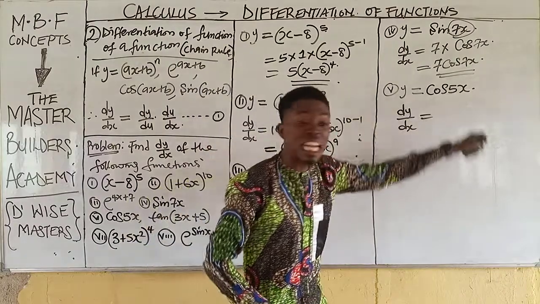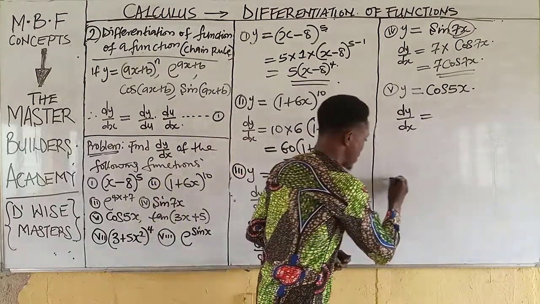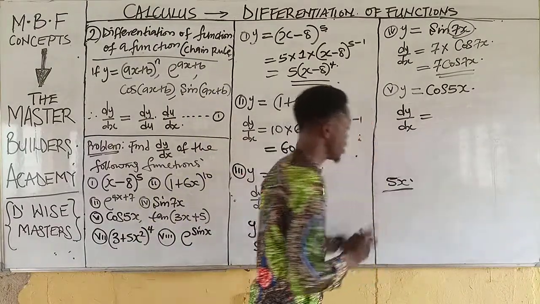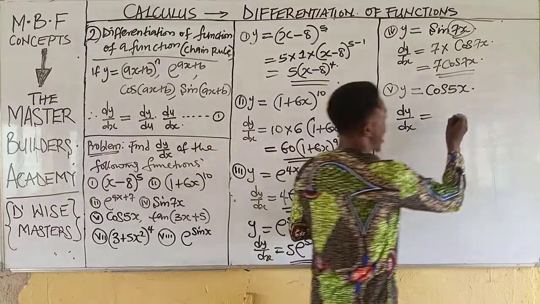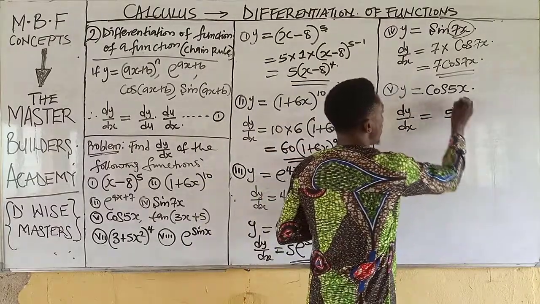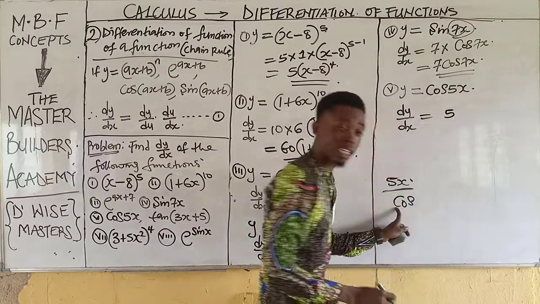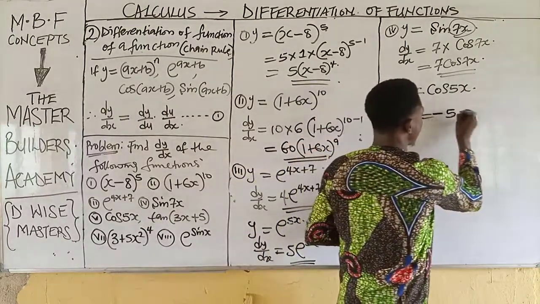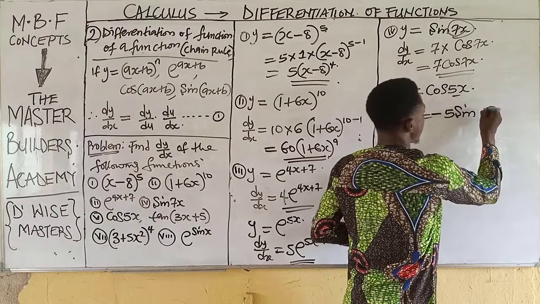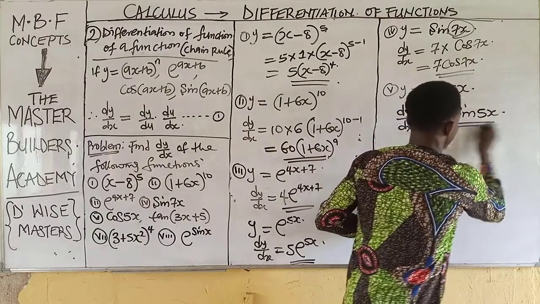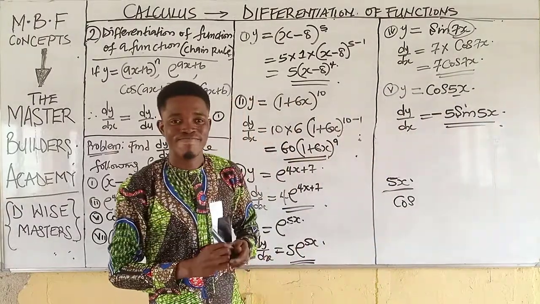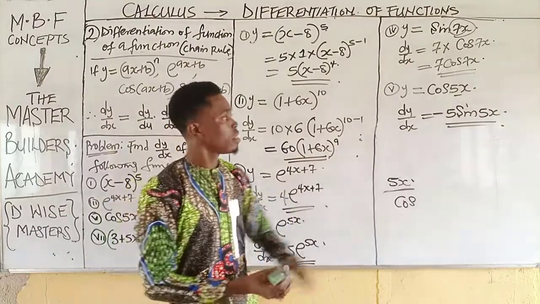First is to identify the function of x, which is 5x. Differentiate this. When you differentiate 5x, you have 5. Now, put down cos. When you differentiate cos, don't forget that you have negative sine. Then repeat the angle that you are given. That's all. It's as simple as this.